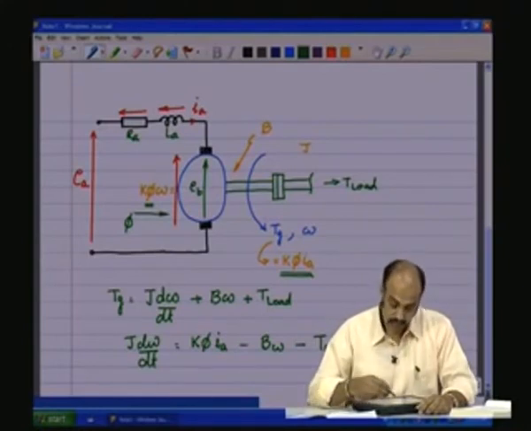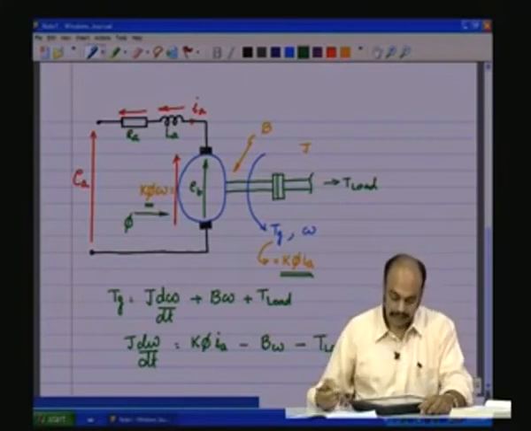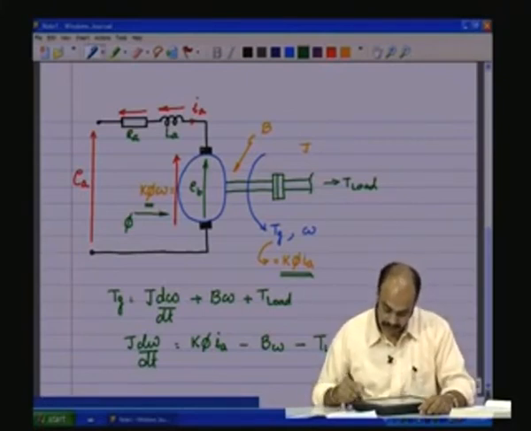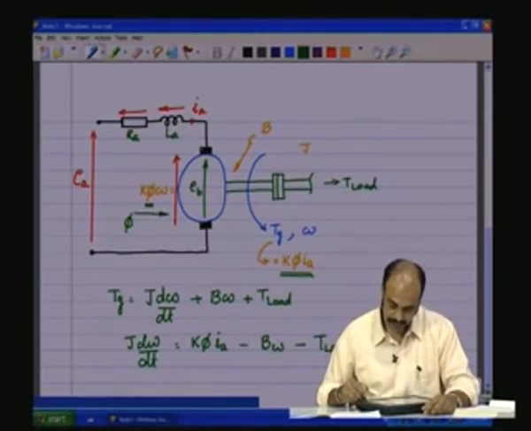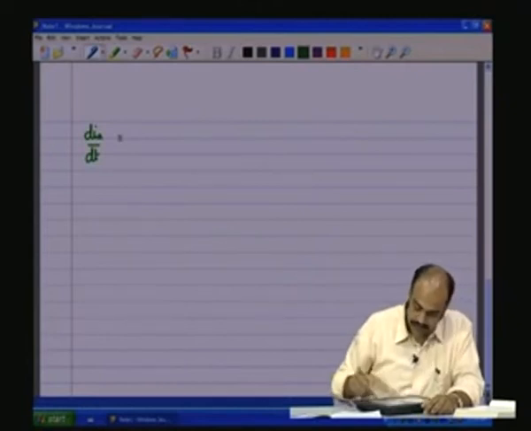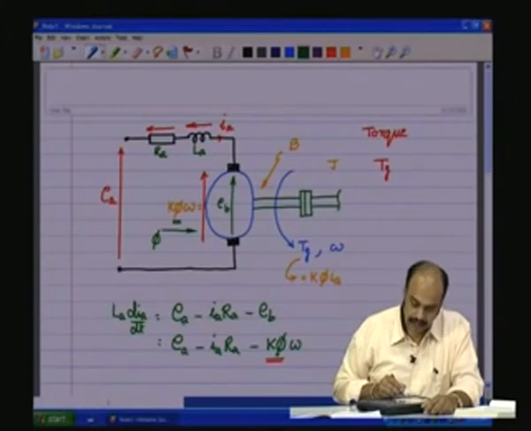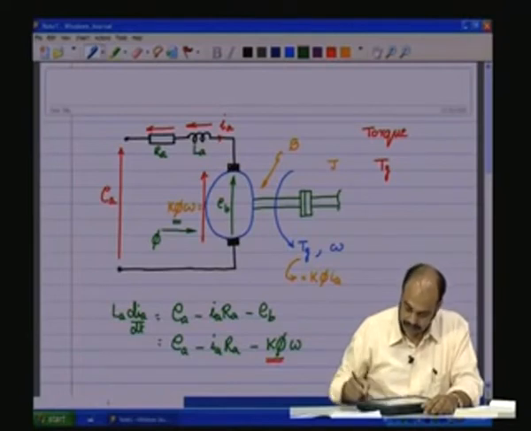So, as a mechanical input to the system there is T load, and as electrical input to the system we have E A. Combining these two, we have d I A by dt equals E A by L A, R A by L A into I A, and K phi by L A into omega.